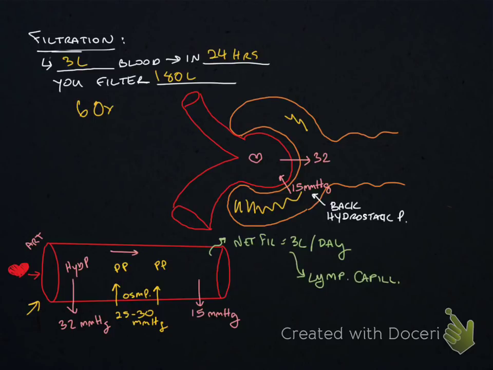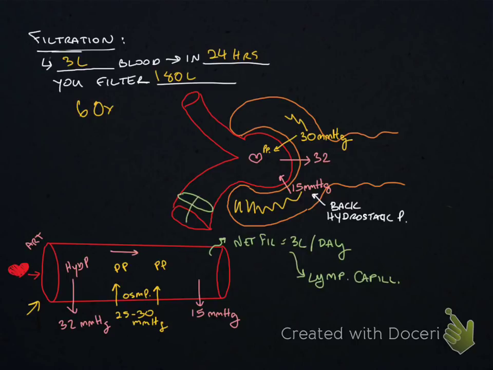What about our osmotic pressure? The plasma proteins in here are pulling fluid back in at about 30 millimeters of mercury. And the last thing affecting pressure here is the diameter of our vessels.